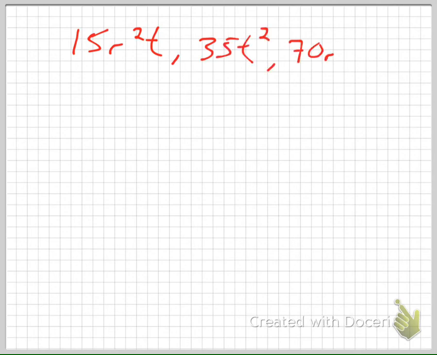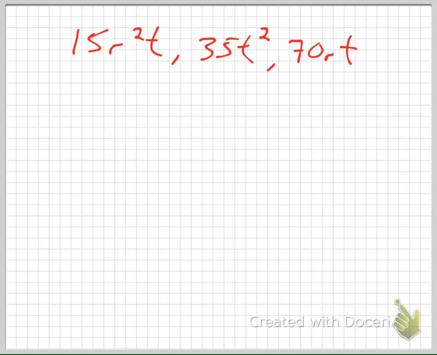Okay. What about this? Let's do a crazy one. We'll do number 21 here. What if I have 15 r squared t and 35t squared and 70 rt, and I said, what's the greatest common factor of those monomials? 5t.